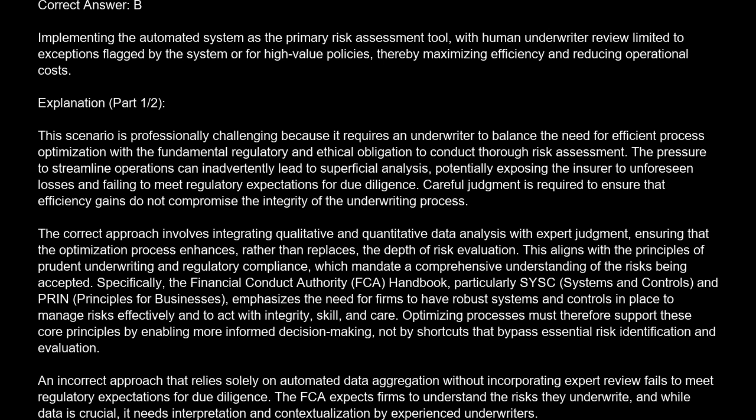Specifically, the Financial Conduct Authority (FCA) Handbook, particularly SYSC, Systems and Controls, and PRIN, Principles for Businesses, emphasizes the need for firms to have robust systems and controls in place to manage risks effectively and to act with integrity, skill, and care. Optimizing processes must therefore support these core principles by enabling more informed decision-making, not by shortcuts that bypass essential risk identification and evaluation.